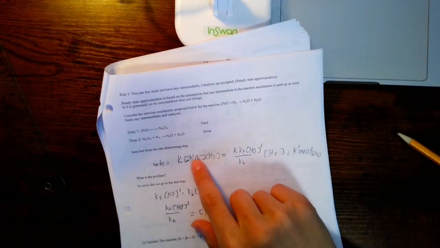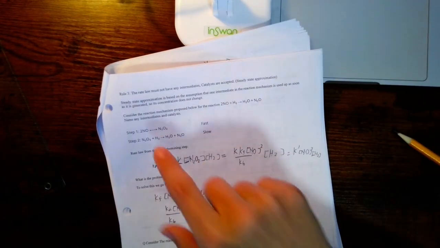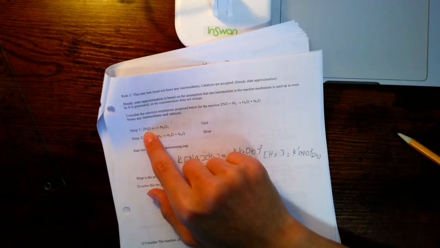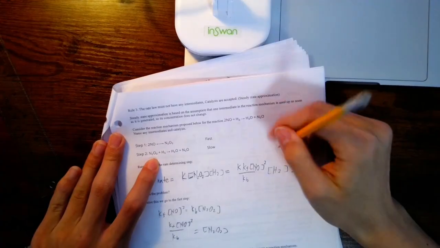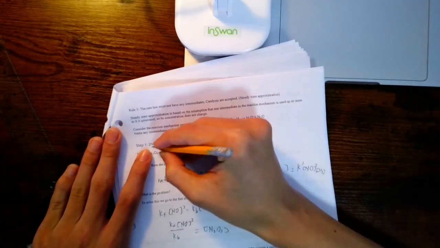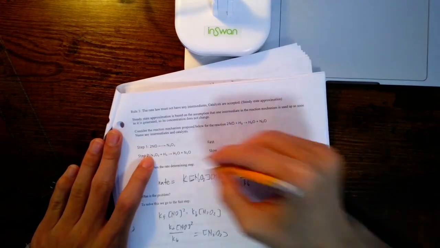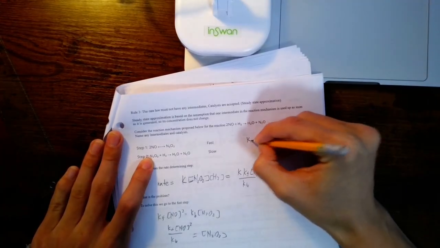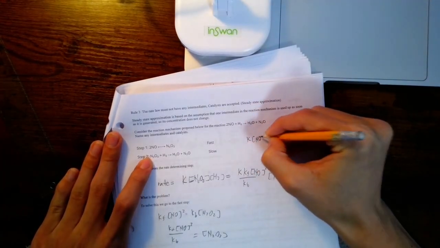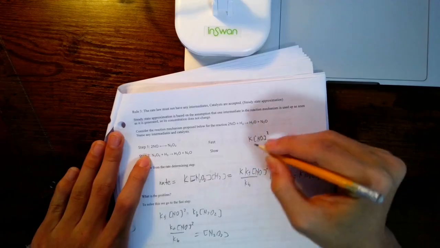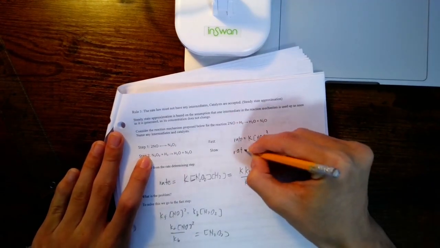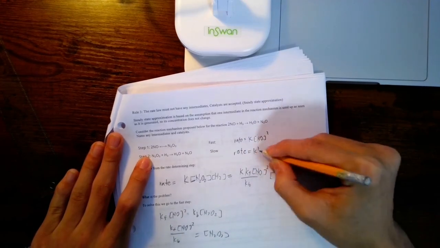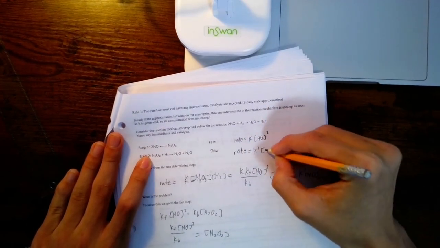So we substitute N2O2 with NO, because we assume that the direct reaction of the first one is equal to some k times NO to the power of 2. And the reverse one has rate equal to some other k times N2O2.